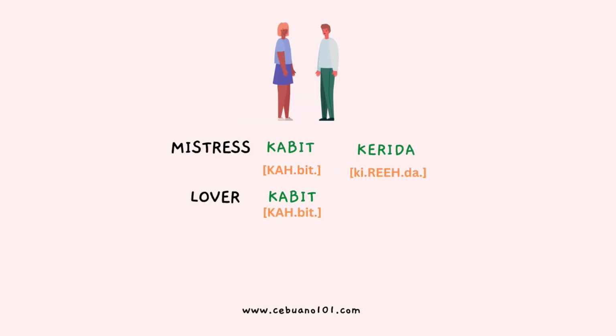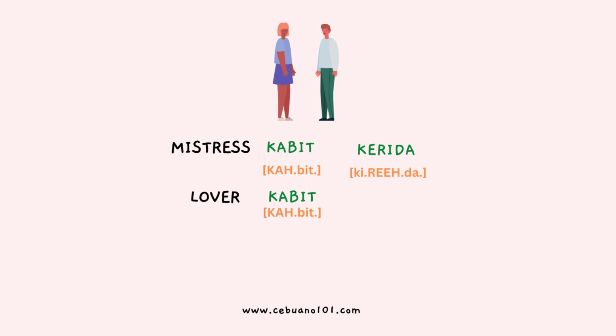Next one, we have mistress. Okay, for woman, mistress, two terms. Kabit or querida. Querida is actually a Spanish term. And then for men, we call it lover. You can use kabit. Okay?